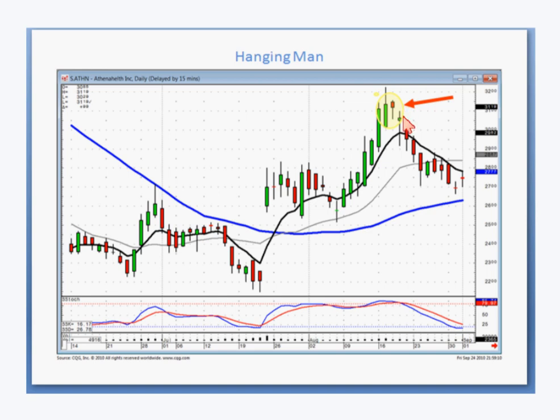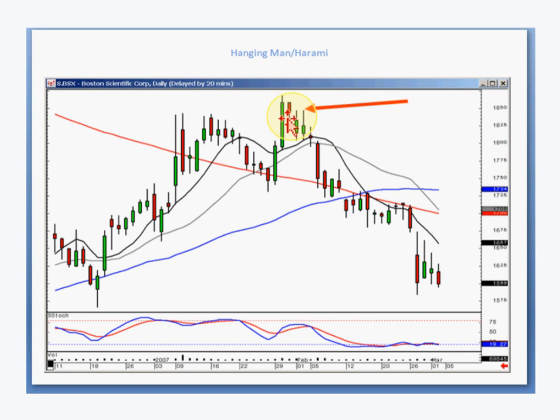Then the next day when it opens lower, the bulls say, shoot, the bears are still here, close out the trade. So with that hammer signal, if it opens lower the next day, you close out the position. Just very simple. Again, that signal, the hanging man, tells you the bears are starting to take control.